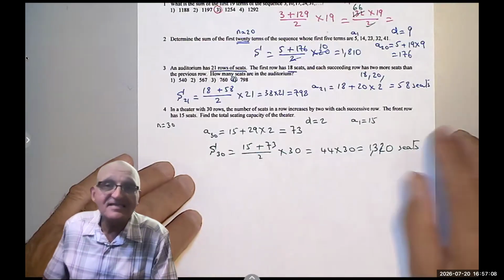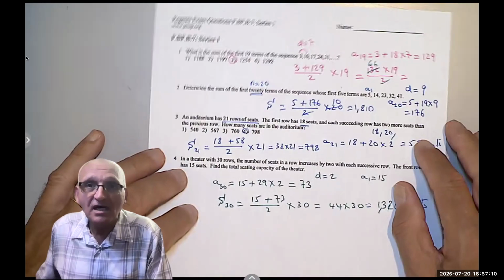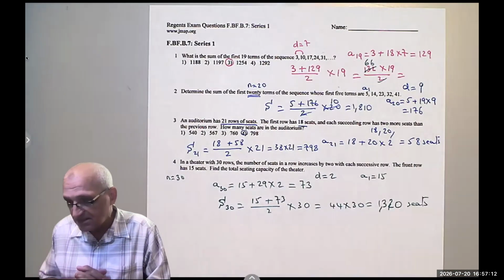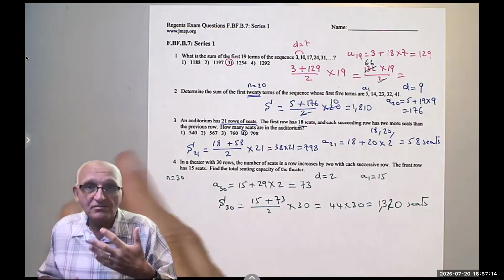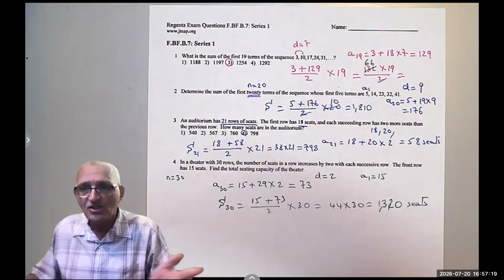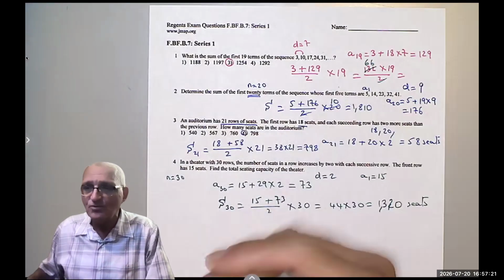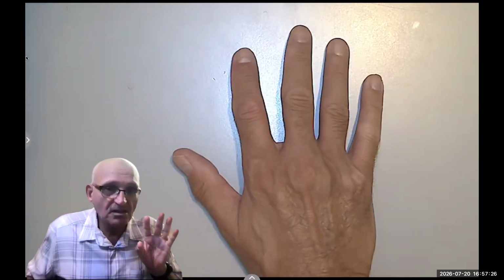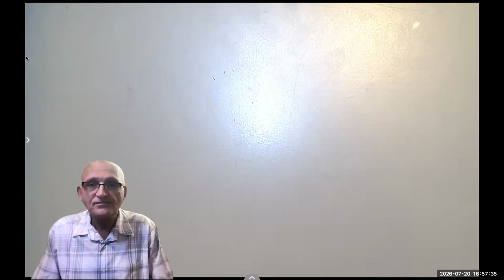And that's basically it for arithmetic sequences and series. And next time we'll do the geometric sequences and series to get done with that, and then we move to trig. In fact, if you are in a hurry, in the trig playlist I have 6 or 7 videos that cover more than what you need.